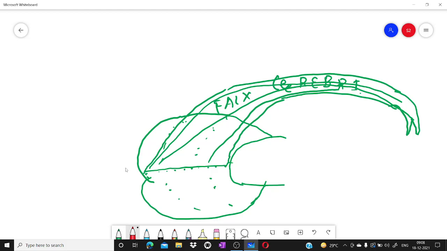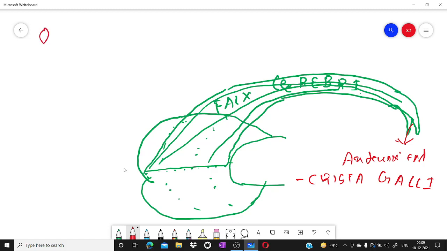Can you see the anterior end? This is the anterior end. It is narrow and it is attached to a structure which is known as the crista galli. And the posterior end, you can see it is attached to the superior surface of the tentorium cerebelli. And the important question: which are the dural venous sinuses related to the falx cerebri?